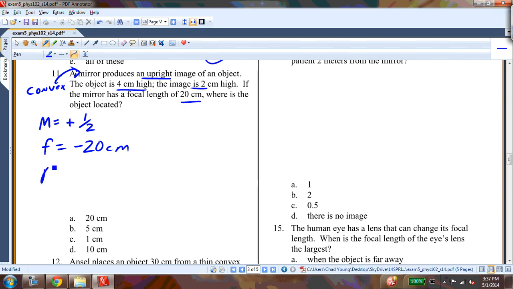And now I want to know what P is. Is that all that I know? Looks like it. I also don't know what Q is. So I have to solve this system of equations.